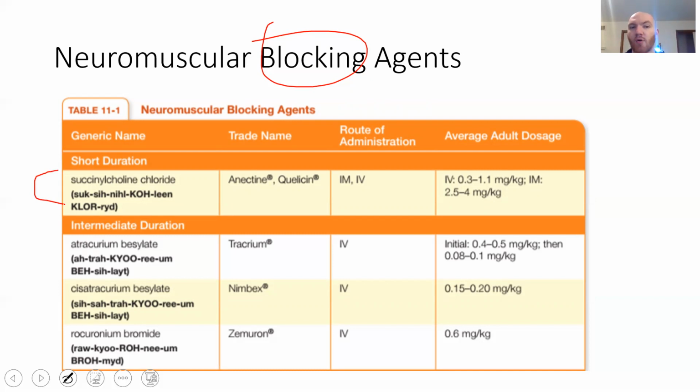This is a depolarizing muscle relaxant, which can cause overheating in the patient. It can cause muscle over-exertion because it makes their muscles all go at once, and then they won't stop, and then the muscles get tired, and then they relax.